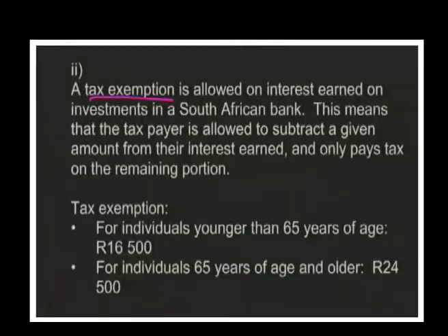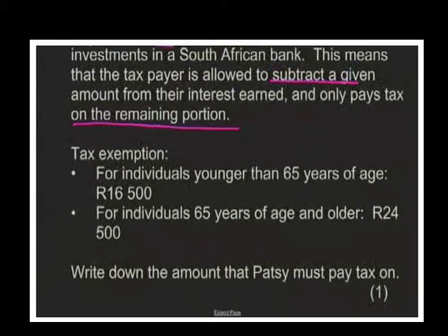So the taxpayer is allowed to subtract a given amount from the interest earned and only pay tax on the remaining portion. The tax exemption for individuals younger than 65 years of age is 16,500, and for individuals 65 years and older is 24,500. They want to encourage you to save more when you are older.